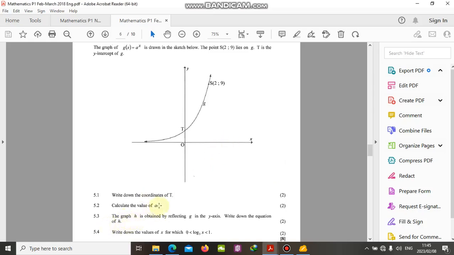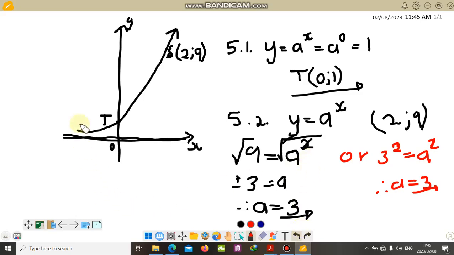Next question, they say 5.3. The graph h is obtained by reflecting g about the y-axis line. So meaning the graph, when you reflect it, it's just going to be a reflection about this line. Write down the equation of h. So I'll write it here, 5.3.